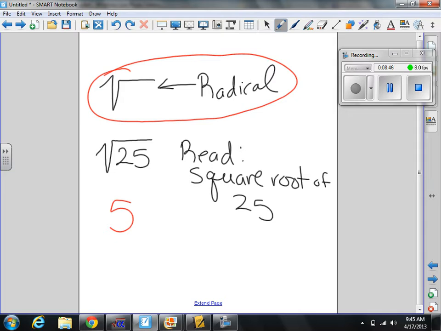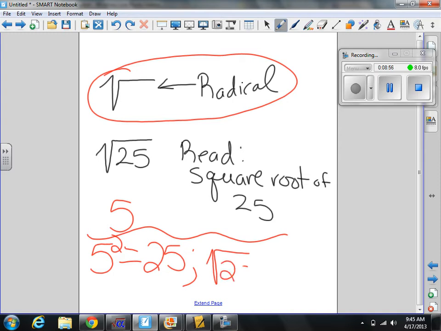We can go the other way around. What does that mean? Well, 5 squared equals 25. The square root of 25 equals 5. What I just showed you here are opposites. Squaring a number, 5 times 5, 25, is called squaring the number.